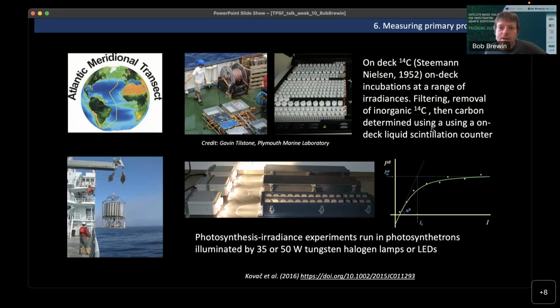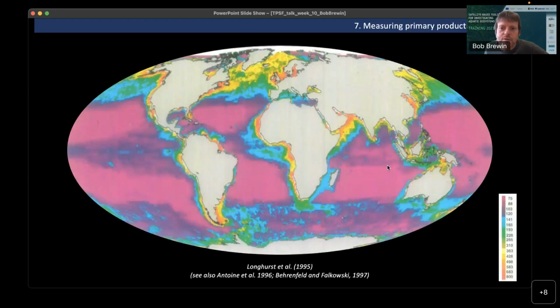Again, using the 14C method, you measure the primary production, and then what you typically do is fit what they call a photosynthesis irradiance curve, which I'm going to start talking about in a minute, whereby the irradiance is plotted on the x-axis and the production on the y-axis. This is production normalized to biomass.